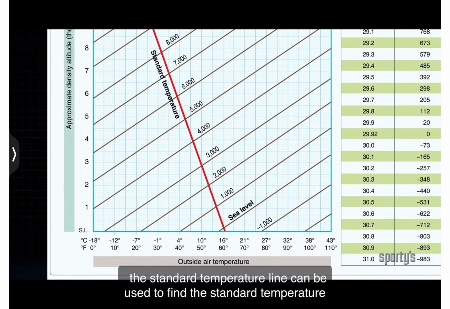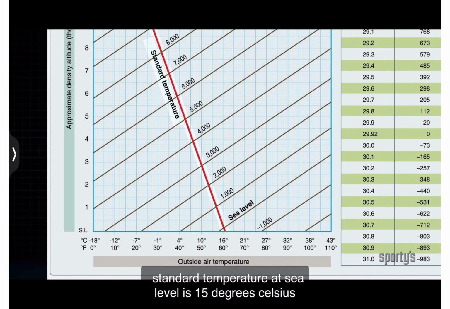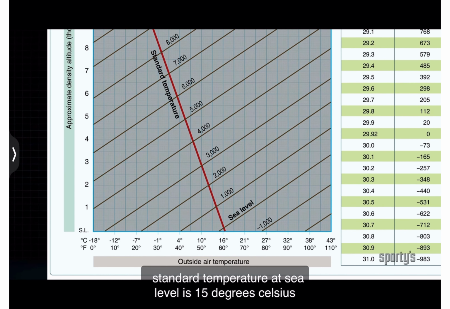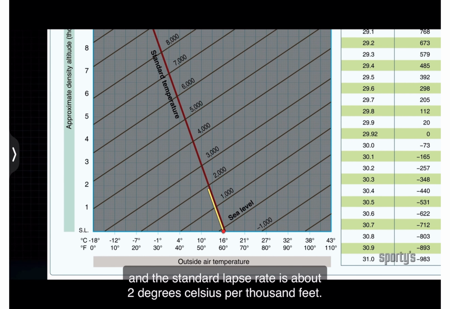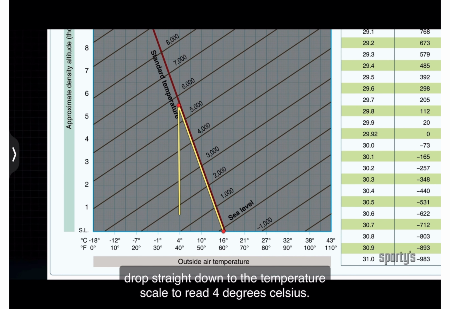The standard temperature line can be used to find the standard temperature at various altitudes. Standard temperature at sea level is 15 degrees Celsius, and the standard lapse rate is about 2 degrees Celsius per 1,000 feet. From the intersection of 5,500 feet pressure altitude and standard temperature, drop straight down to the temperature scale to read 4 degrees Celsius.